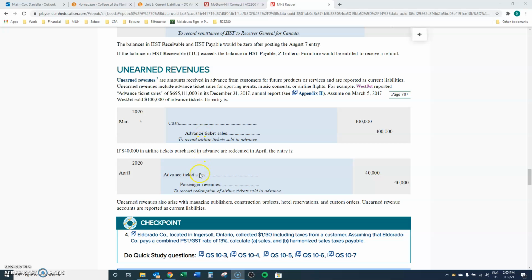So the example that they give here is advanced ticket sales. I think it's an airline, yes. So you pay for your airline ticket before you receive the service. So when you purchase the ticket, the company records it, they're receiving cash, and they credit advanced ticket sales. Once the service has been performed, they debit the advanced ticket sales and then move it to a revenue account.